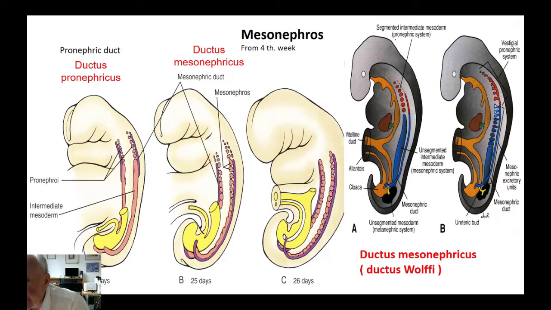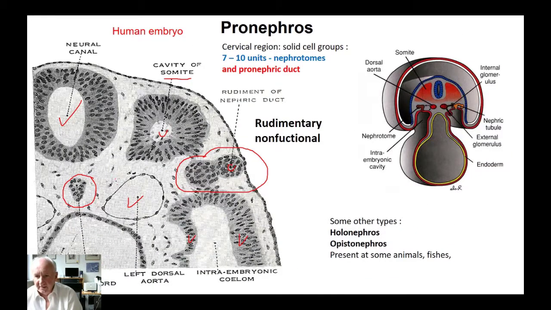So this is a pronephric system here, cranially, and here were the clusters of cells, nephrotomes, and this short duct, violet, as you see here red, is the pronephric duct. There are also other types of nephros.